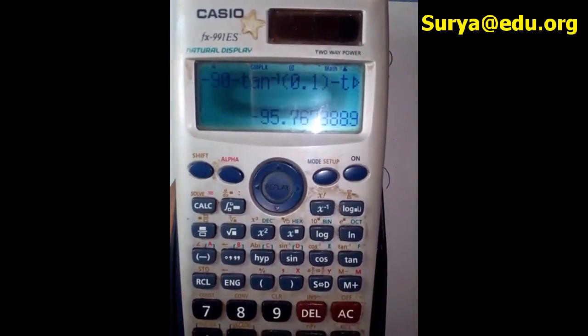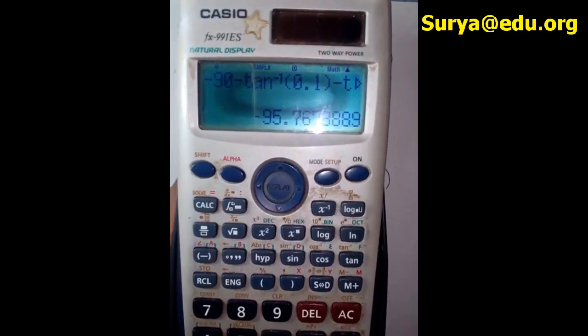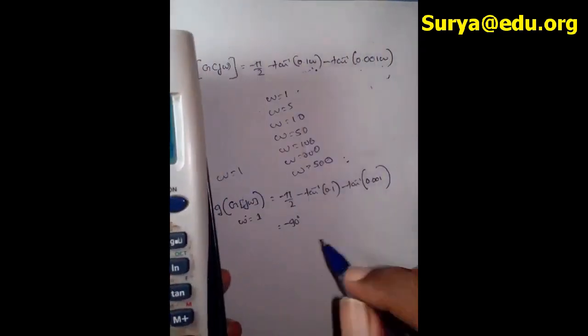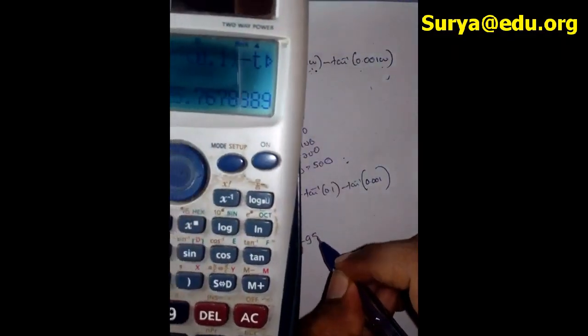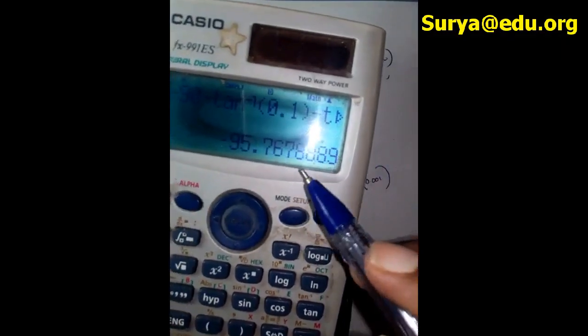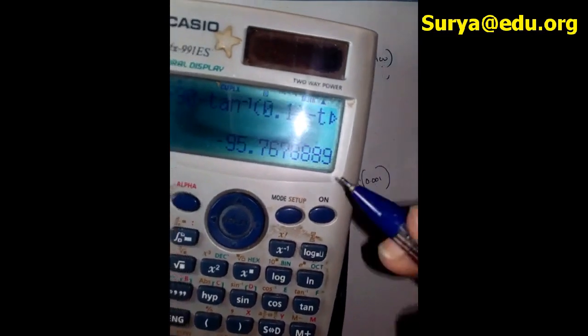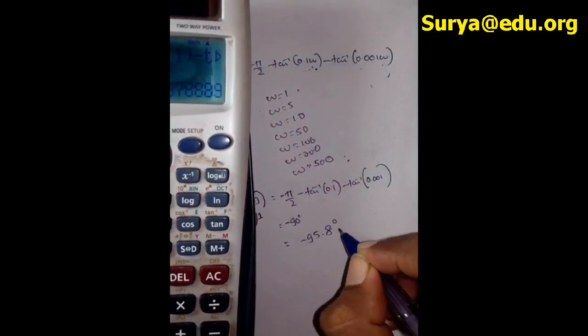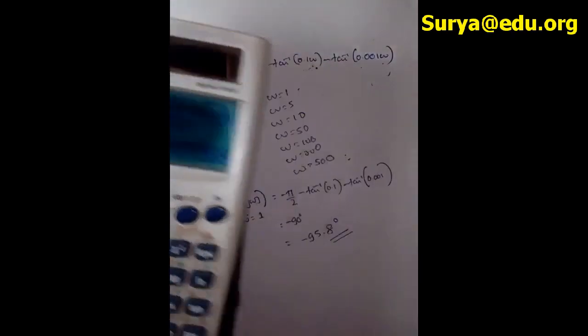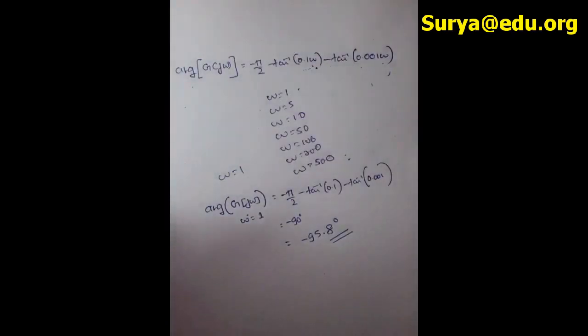What is the value you are getting? 95.76, so the value here is minus 95.76. We can round it and put minus 95.8 degrees.